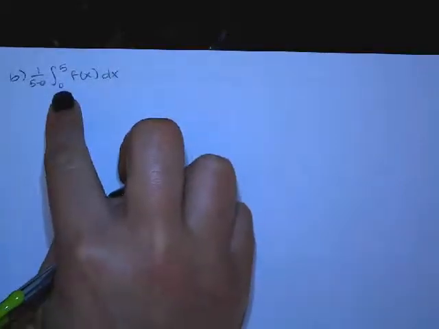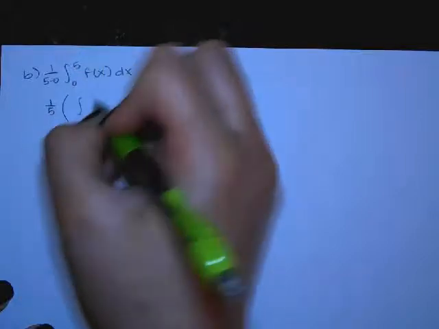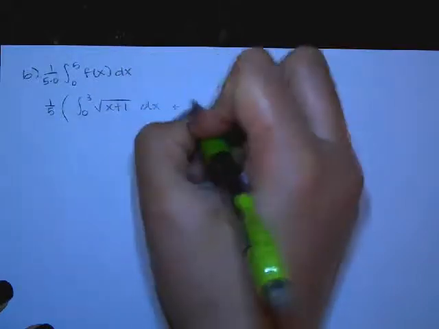Now this we do have to split up because that interval is based on 2 different functions, and so, well, 1 function but 2 different pieces. So I'm going to say 1/5, and then I'll say from 0 to 3 plus 3 to 5.